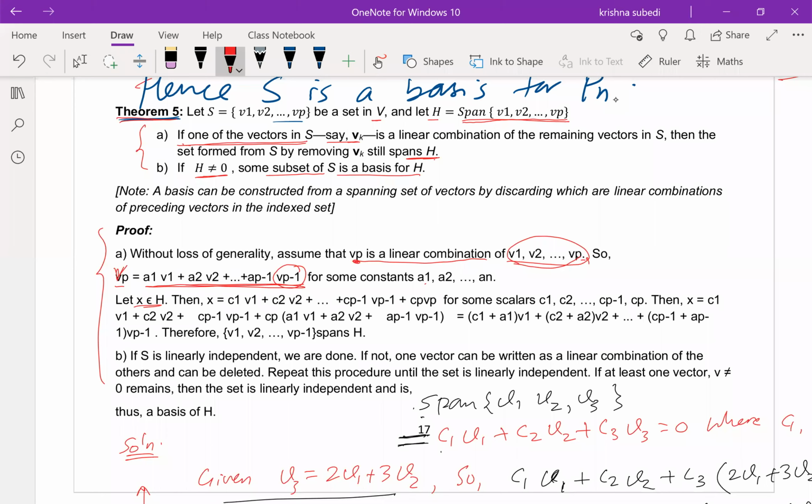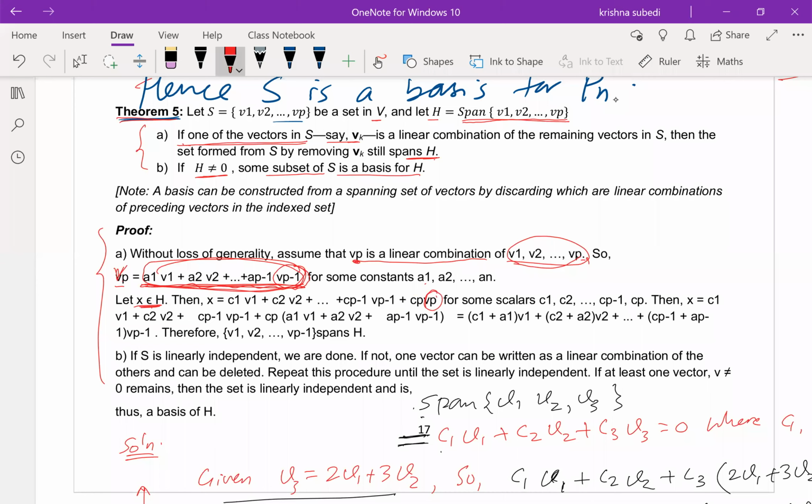Suppose that X is in H. Then we can write X as a linear combination of all of these vectors. Because we know that VP is this one, we substitute this VP right here.